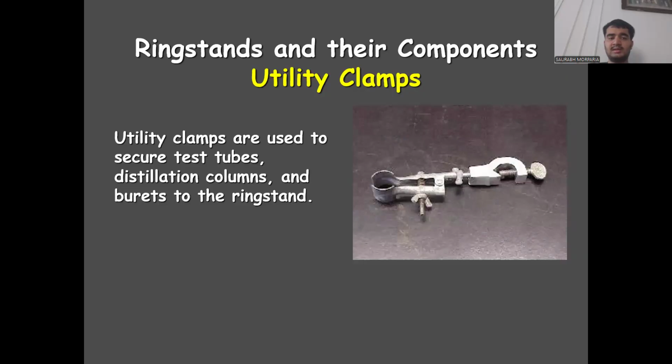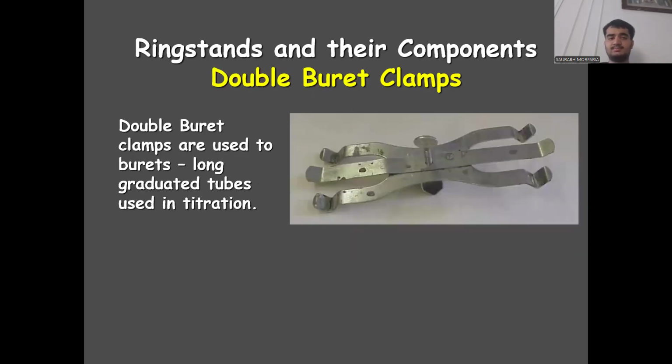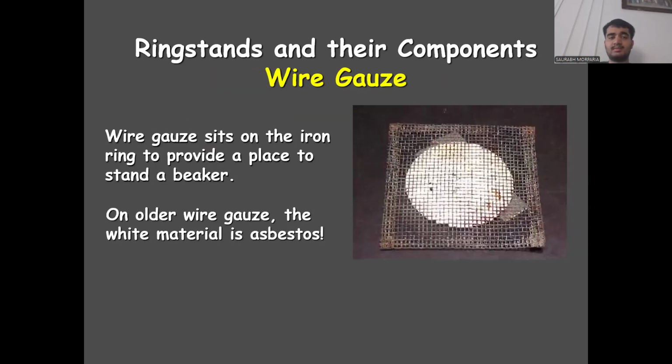This is a utility clamp which is used to secure test tubes, distillation columns and burettes to the ring stand. Double burette clamps are used to hold a burette, a long graduated tube used in titration. Wire gauze is set on the iron ring to provide a place to stand a beaker.